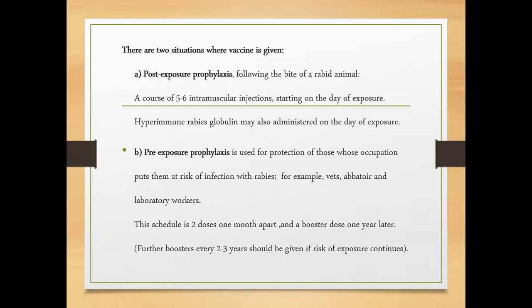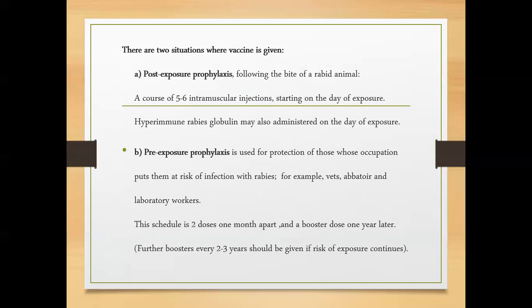But there are certain times where it needs to be given for prophylaxis, or for protection from these types of conditions. How and to whom? Pre-exposure prophylaxis is used for protection of those whose occupation puts them at risk of infection with rabies.